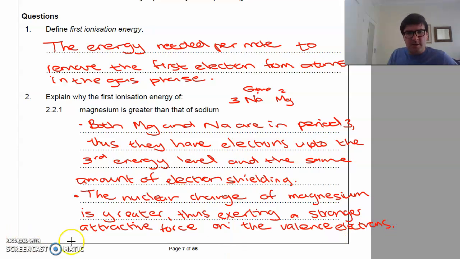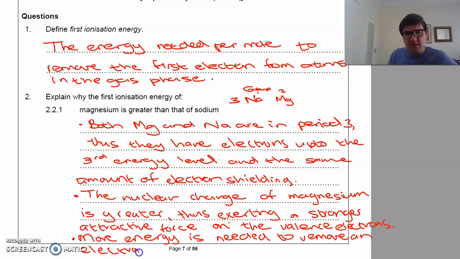What does this mean? More energy is needed to remove an electron from magnesium.